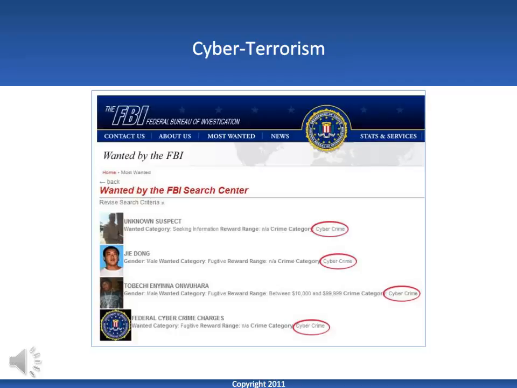This has also merged with cybercrime. We've seen a number of incidents of fraud, theft of personally identifiable information, and credit card thefts, for example the attacks at Home Depot and Target. All of these are beginning to come together as various ways that terrorist organizations seek to exploit the vulnerabilities of the internet, but also use the internet.